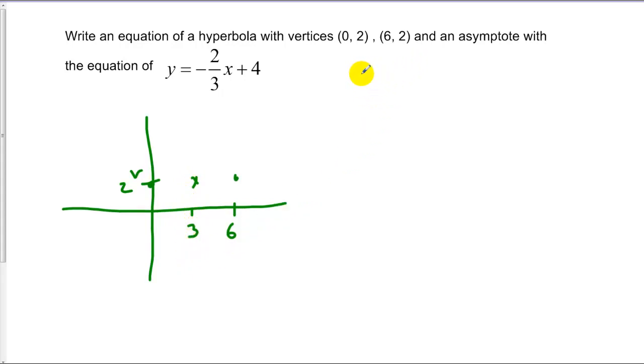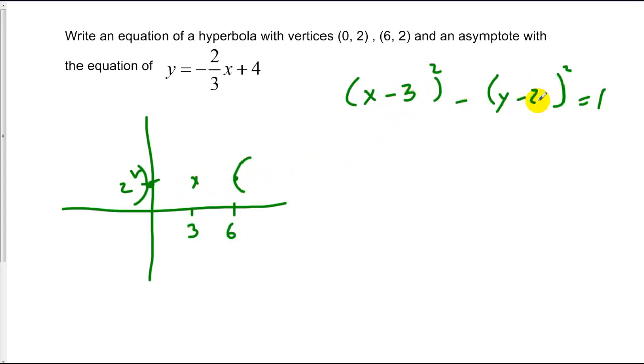Automatically, at this point, I know that I have a horizontal opening hyperbola, which gives me an X leading term, followed by a Y term, equaling 1.